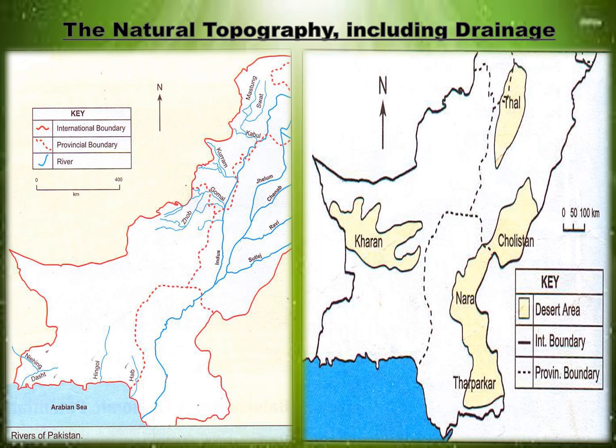We can see there are some seasonal or small rivers in Balochistan as well, like Hab, Hingol, Dasht, and we can see the desert areas in the right picture, like the Thal Desert in Punjab, and the Thar Desert, which has three parts, Cholistan, Nara and Tharparkar, in Sindh and southern Punjab. Then we have the Kharan Desert in Balochistan.